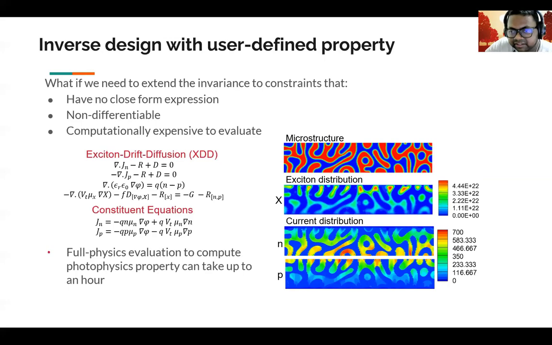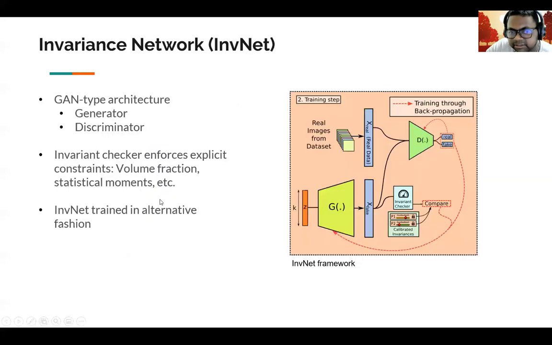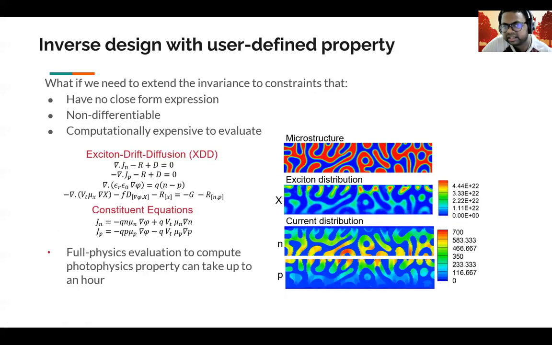Now, extending further, while here we are using some simple statistical constraints such as volume fraction or statistical moments, we could use more explicitly defined, user-defined physical properties.